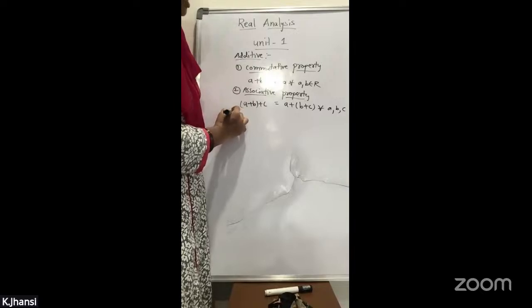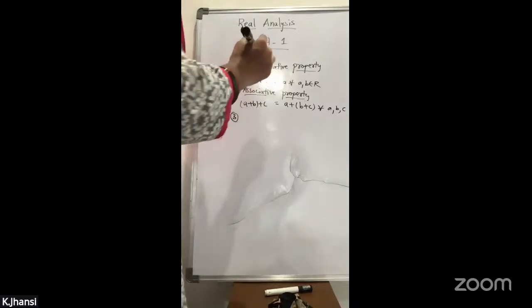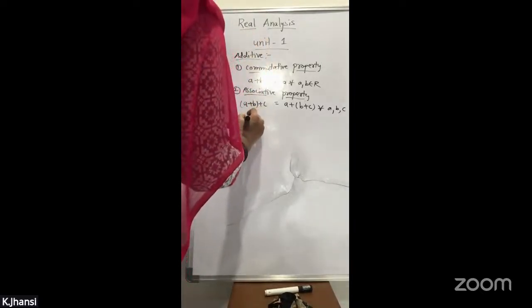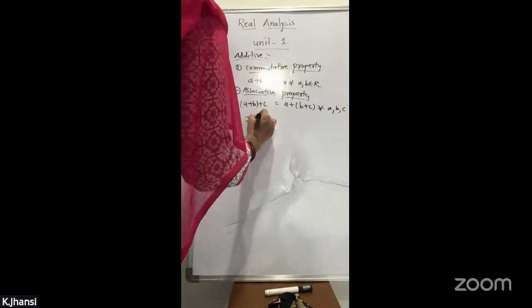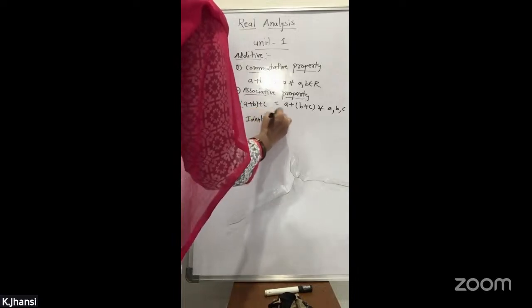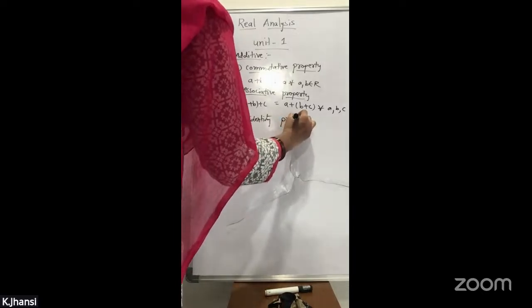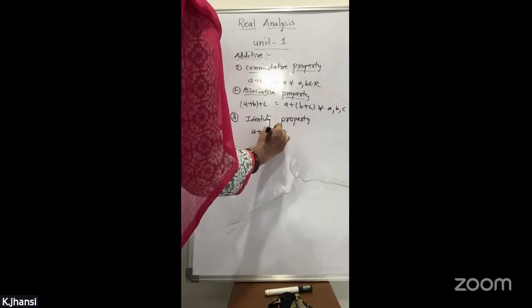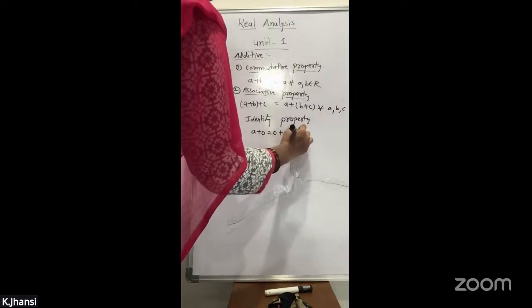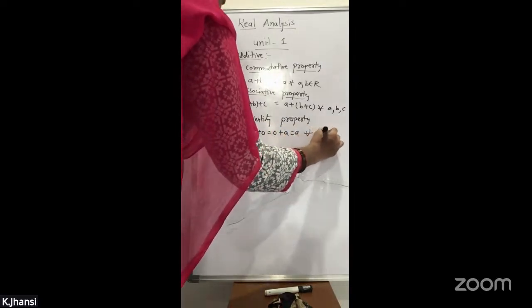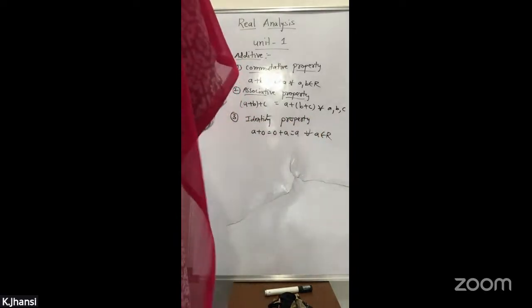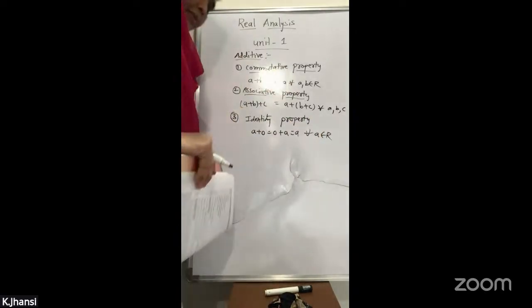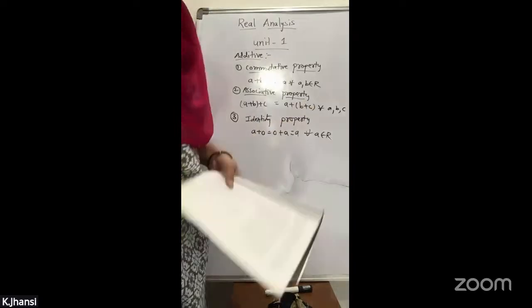Next, the third one is the additive identity property: a plus 0 is equal to 0 plus a is equal to a for all a belongs to R. We call this the identity property, or additive identity.